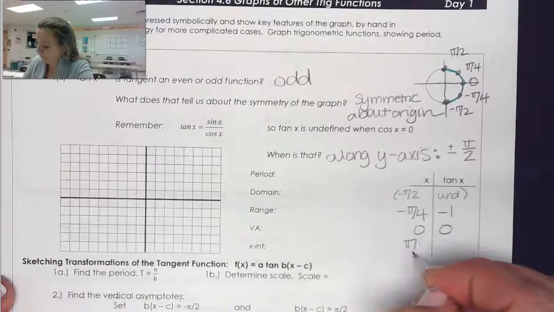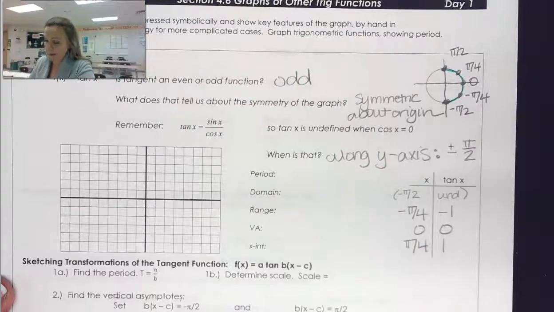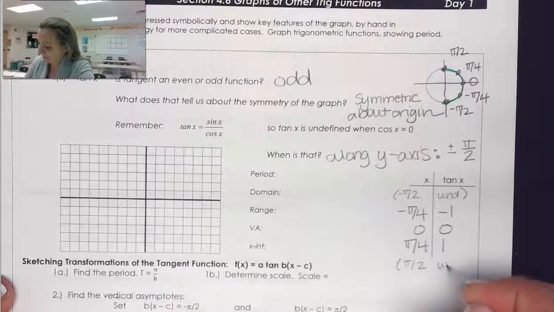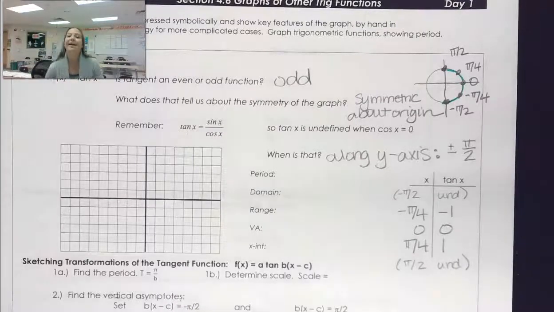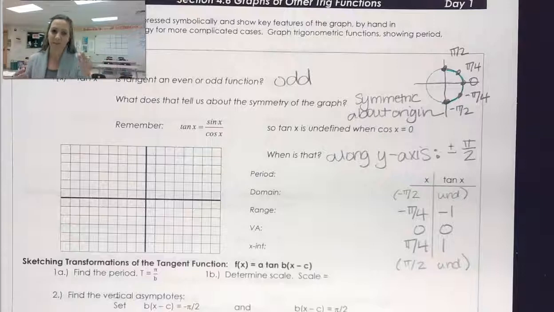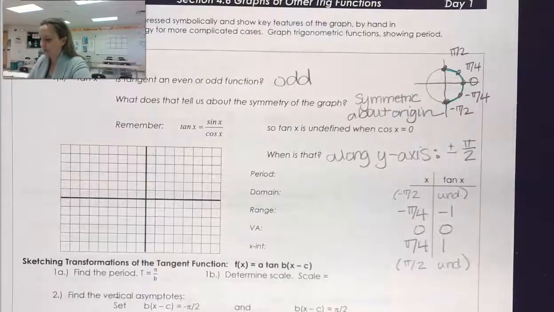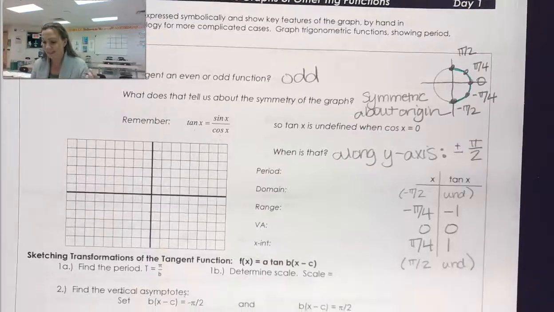The tangent of positive pi fourths would be 1. And again, in parentheses, at positive pi halves, it would be undefined. I'm putting those in parentheses because that'll help us determine what the asymptotes are, which we'll talk about in a second.